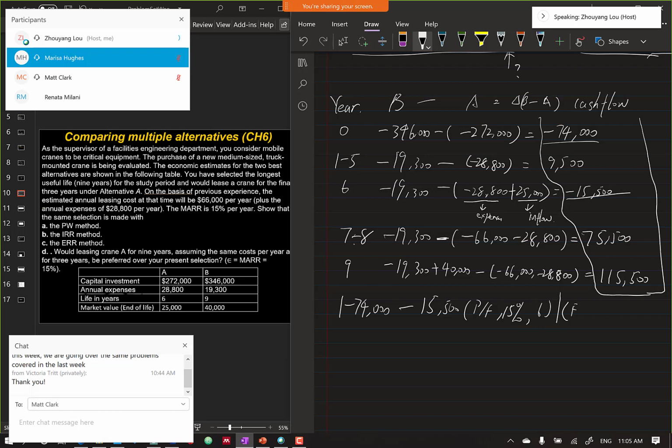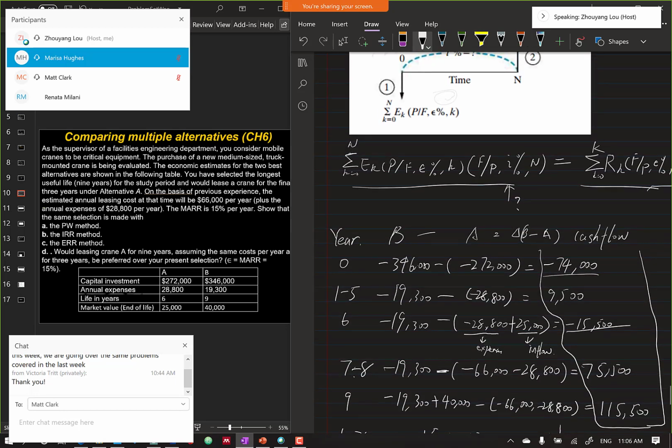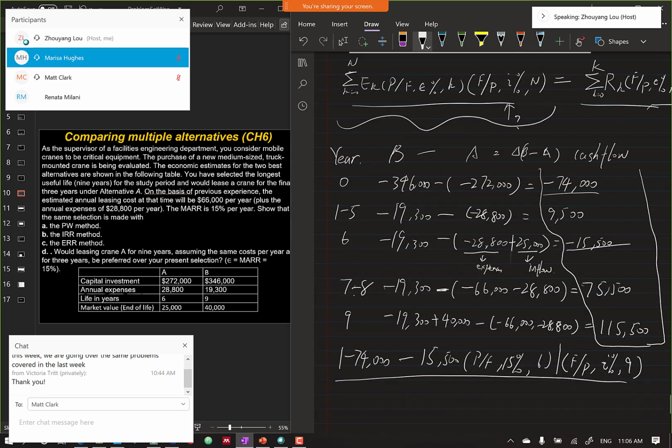So we want to calculate the future value given the present worth, and we want to know this external rate of return, this interest rate. Since we're bringing that to the future, at year 9, we put in 9 years, and we have the left hand side. So this one will be just this part.